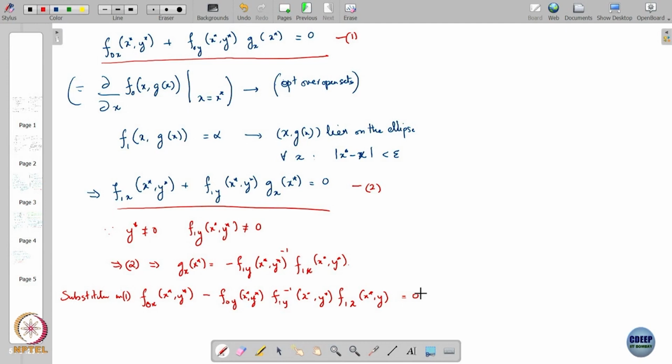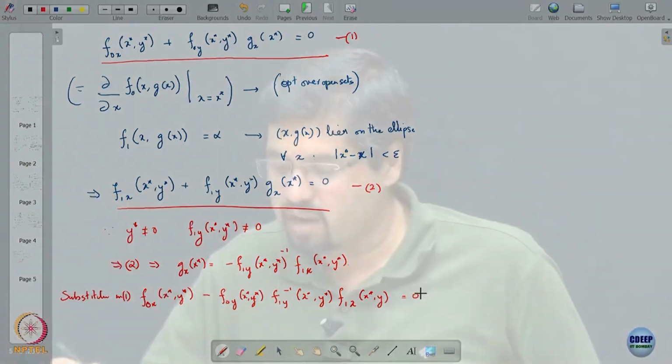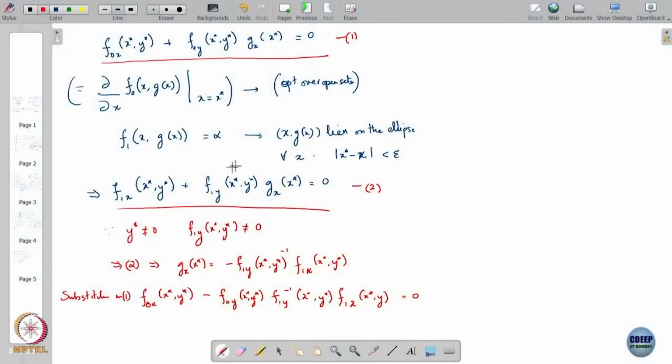Now, notice what has happened. So, one of you asked me, we need not know G in closed form. Yes, it is true, we did not know G in closed form, but what I have done is, using equation 2 and using that f1y evaluated at x star y star is not 0, I was able to eliminate G from the equation completely.